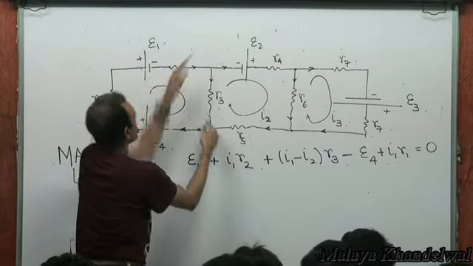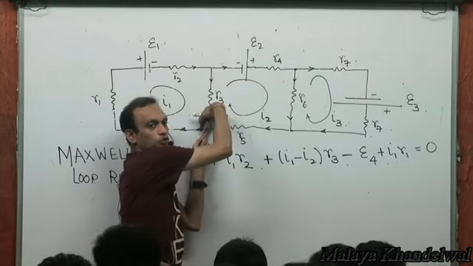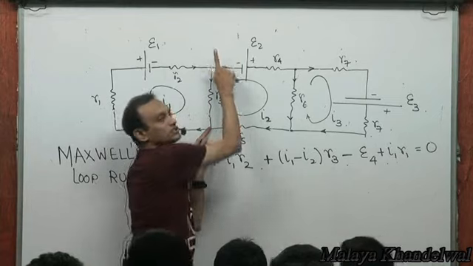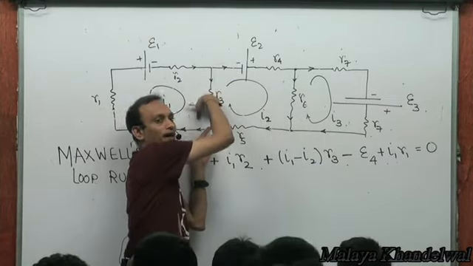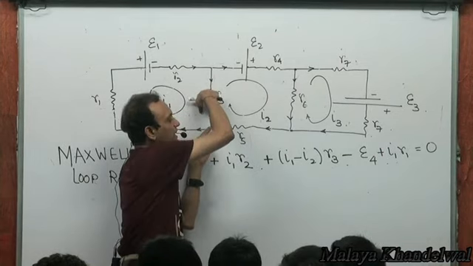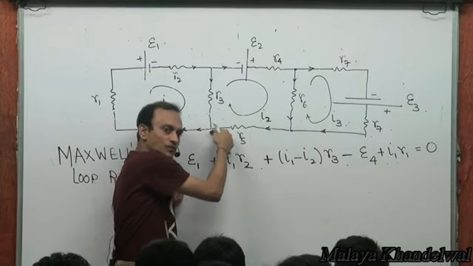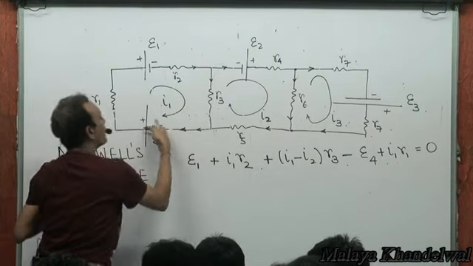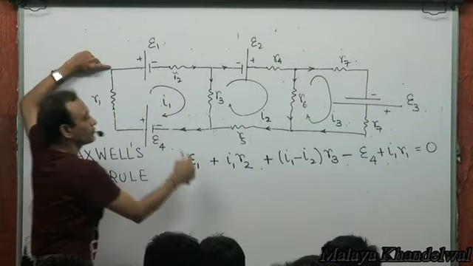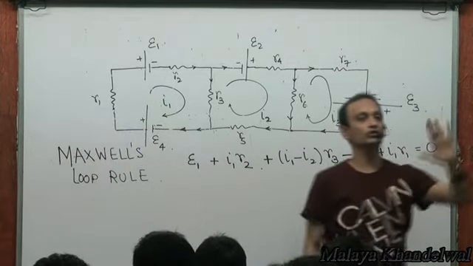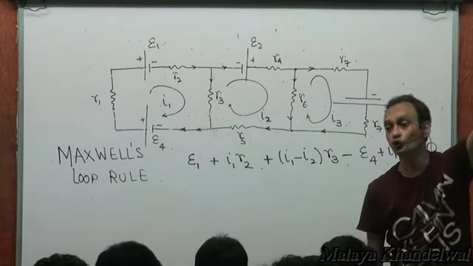Now the drop across R3. I1 is the current flowing down because of this loop current, and I2 is the current flowing up because of this loop current. So what's the net current through this? I1 minus I2 downward. So I1 minus I2 into R3 is the drop from here to here. Yes or no? And then minus epsilon 4, and then I1 into R1. All of this must add up to 0. Do you understand this now? No confusion? KVL applied to loop 1.